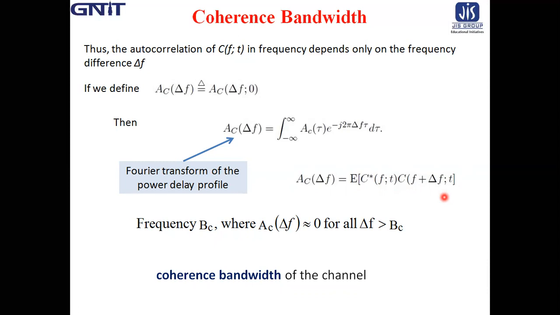The frequency Bc, where A_C(delta f) is almost equal to 0 for all delta f greater than Bc, is called the coherence bandwidth of the channel. So Bc is called the coherence bandwidth when its autocorrelation function is 0.